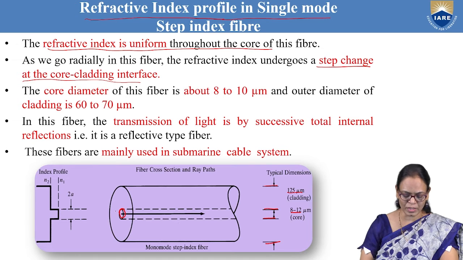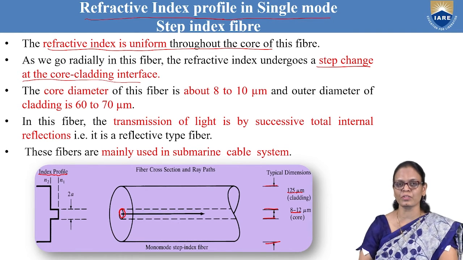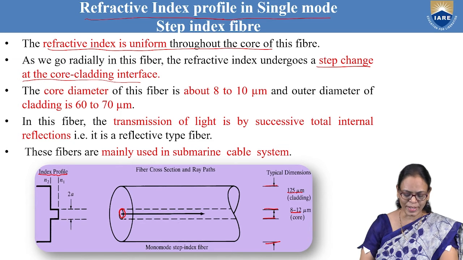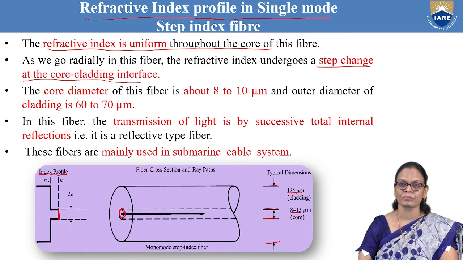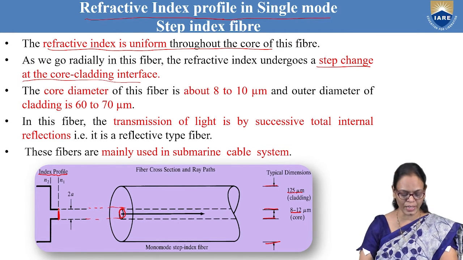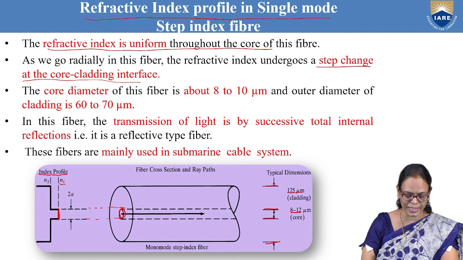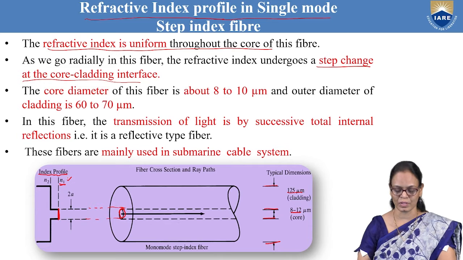Now this is the refractive index profile we are trying to understand. The refractive index of the core is uniform throughout, which we call N1. N1 is the refractive index of the core.